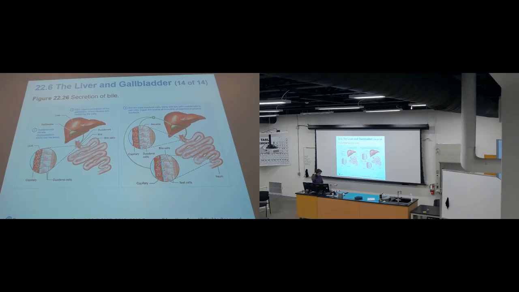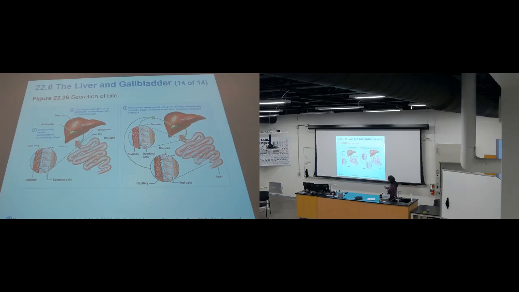Okay, so for the secretion of bile. So you have your duodenal cells. The duodenal cells, when they detect the presence of lipids in the duodenum, they release cholecystokinin.